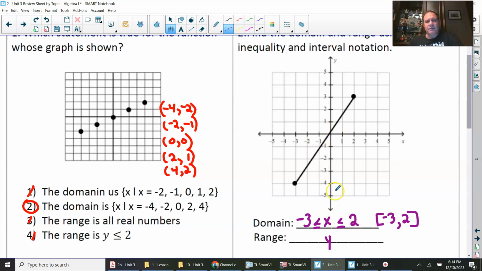So the lowest the graph goes is -4, and the highest the graph goes is 3. And again, y is greater than or equal to -4, and it is less than or equal to 3, because they're both included. The range would be a bracket, -4, 3, with another bracket.